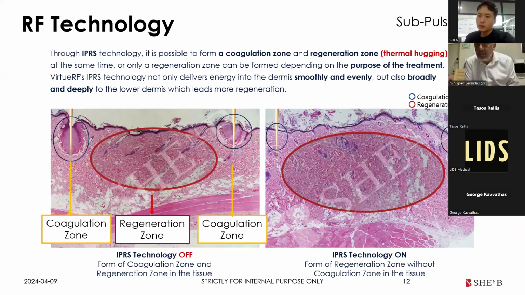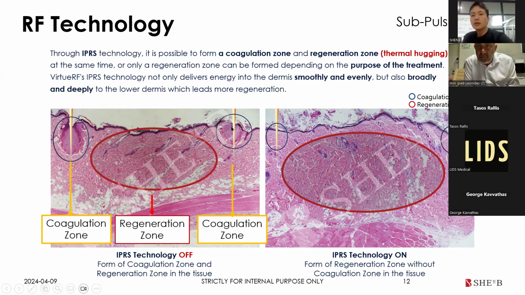Okay, so what makes the difference with this sub-pulse is explained with these 2 different histology photos. The left side is 1 continuous wave, and the right photo is 10 sub-pulses. If you see the left one first, the continuous wave, we can see a strong coagulation zone generated close to the needles.